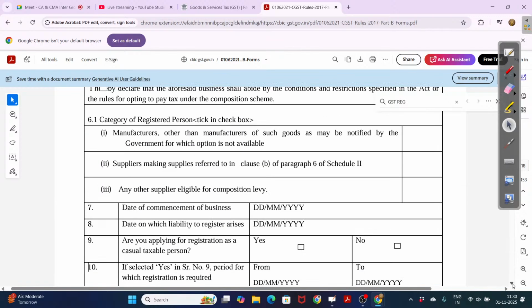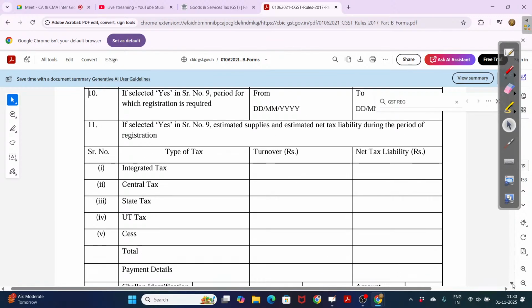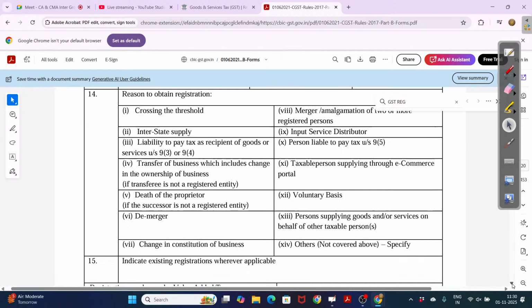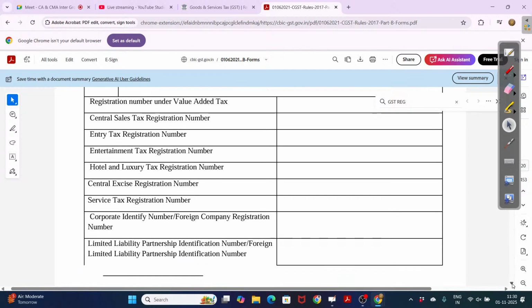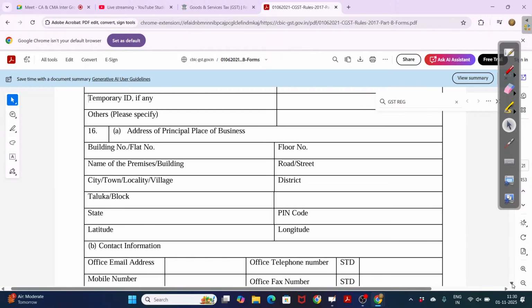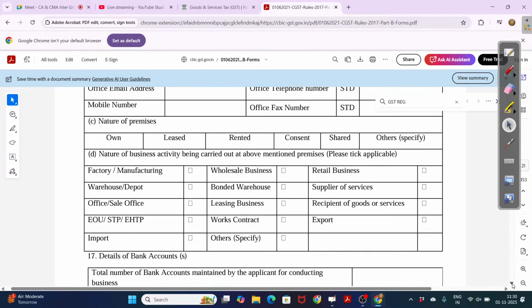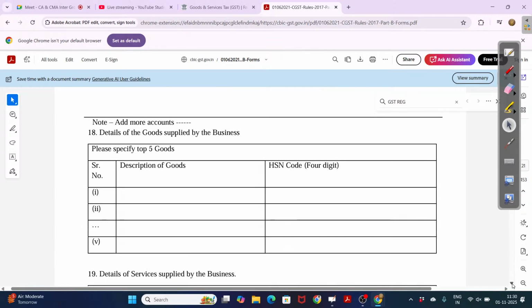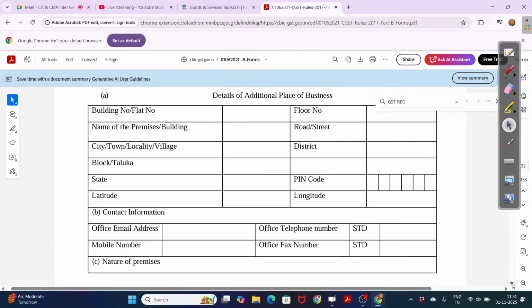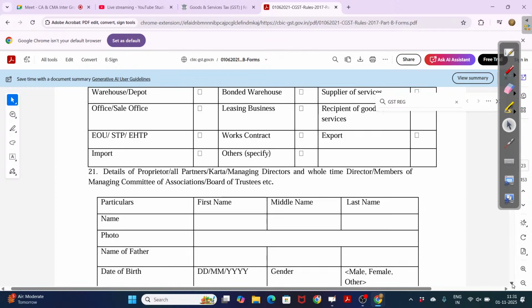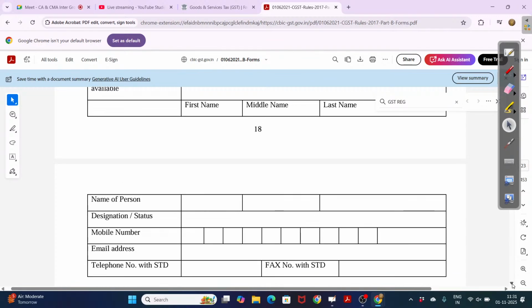This is the REG-1 form. Now let's move on to form number 6. Everything is pre-structured. Whatever it may be, no need to worry about the format of applying. Go and see those formats. They are already available here.